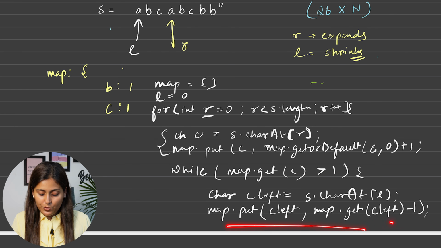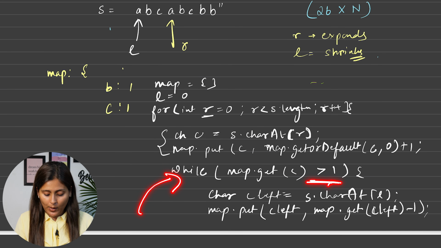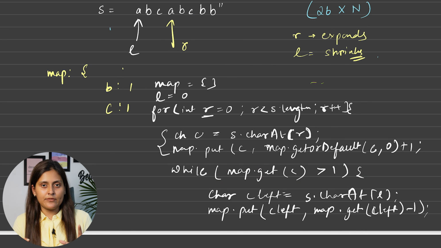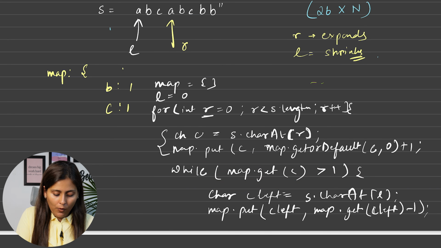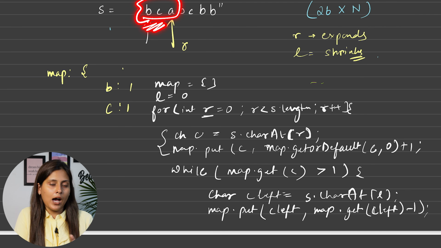So now we have reduced this. Again in the same while loop we'll check that the frequency has reduced to 1, but the while loop condition will not be true because it is not greater than 1. So we can say that after moving the left pointer ahead, the characters in this substring are unique.